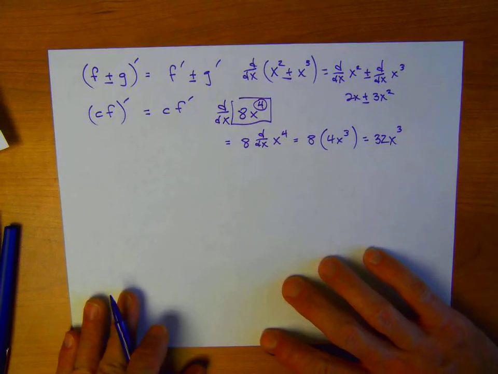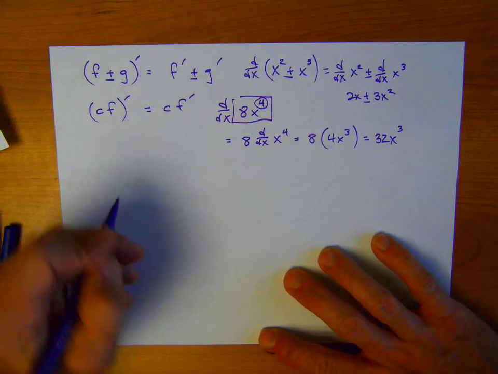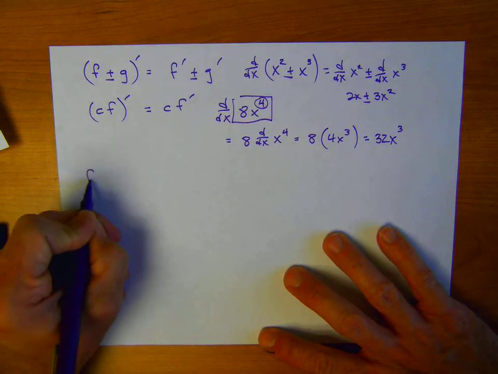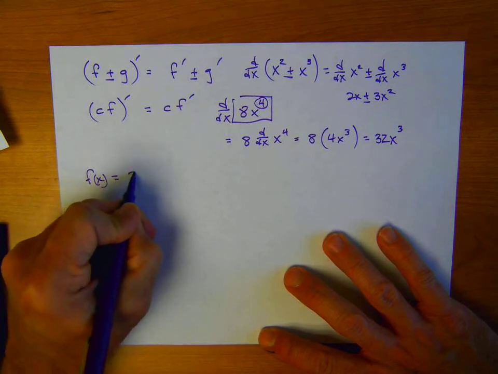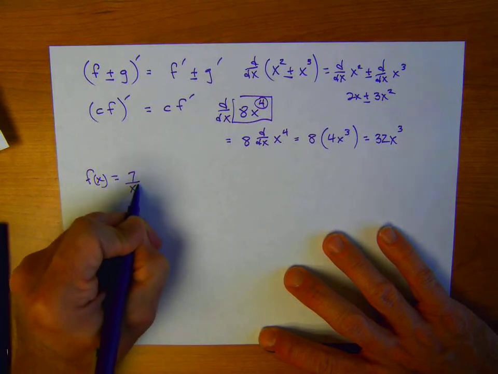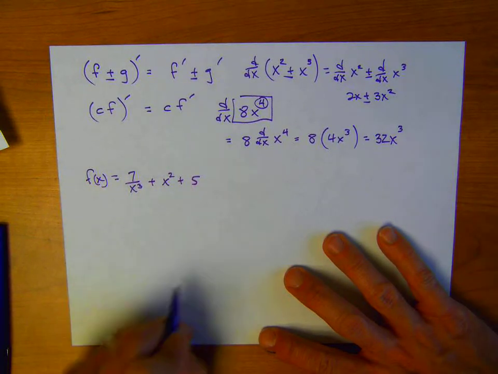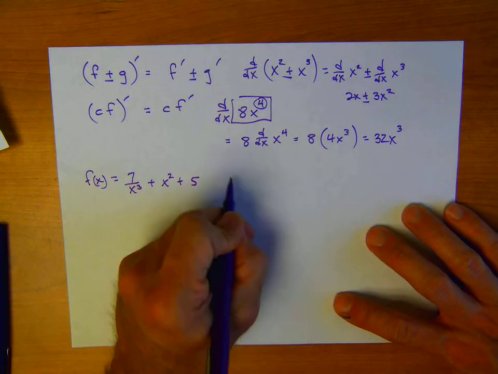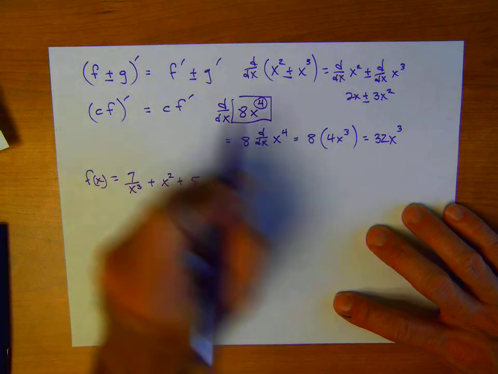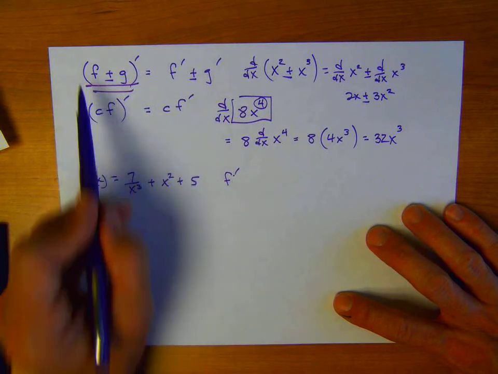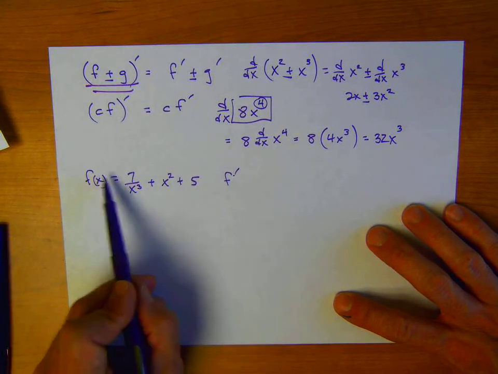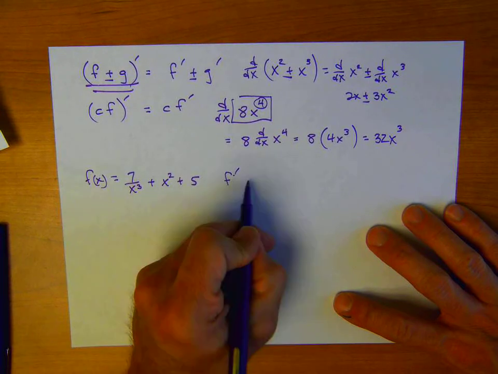Okay, just to give you one example where we're putting this all together, let's call f of x 7 over x cubed plus x squared plus 5. We want to find f prime. Well, this rule up here tells us that I can find the derivative of the sum by taking the derivative of each of these pieces separately.